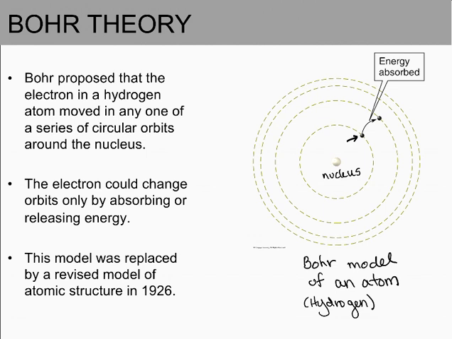And this electron can change orbits if it absorbs energy or releases energy. So for instance, in order for that electron to move to an orbit that's further away from the nucleus, it would need to absorb energy. Now it can also jump back down to an orbit that's closer to the nucleus by releasing energy.